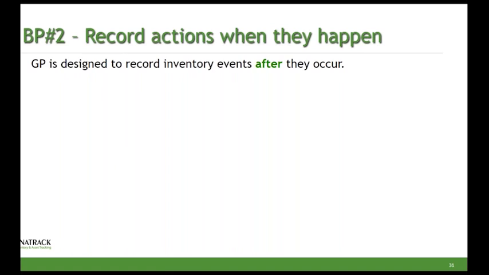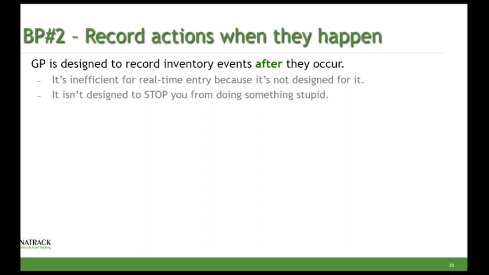Best practice number 2 is to record the action when it happens. So here's something to keep in mind. GP is designed to record inventory events after they occur. It's a batch system, right? So it's inefficient for real-time entry because it just isn't designed for it. The things that you're doing for receiving purchase orders and for order fulfillment all occur after the fact.